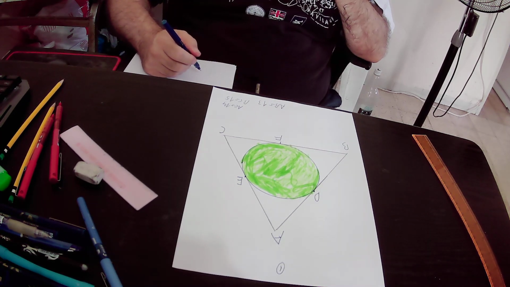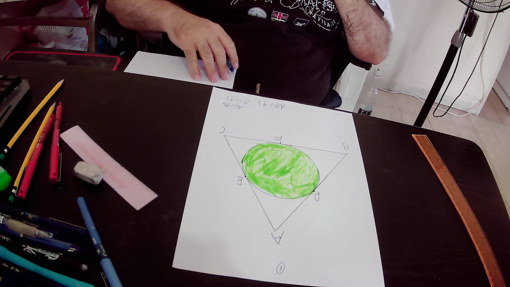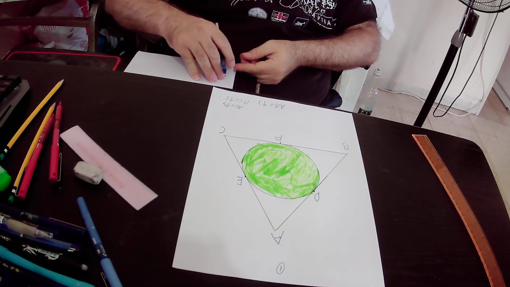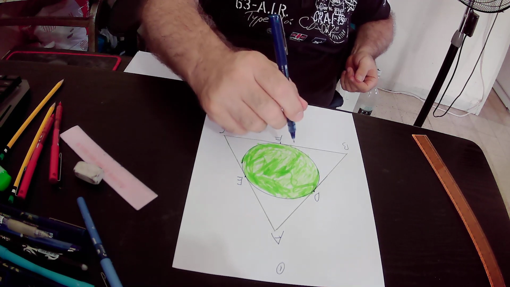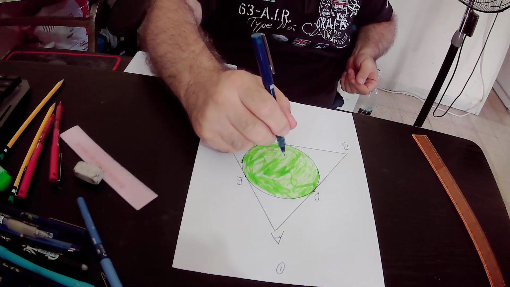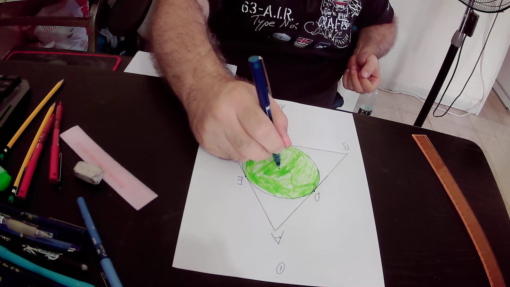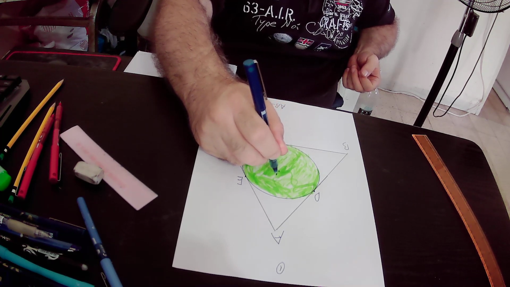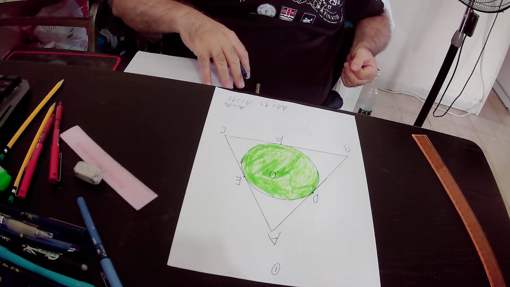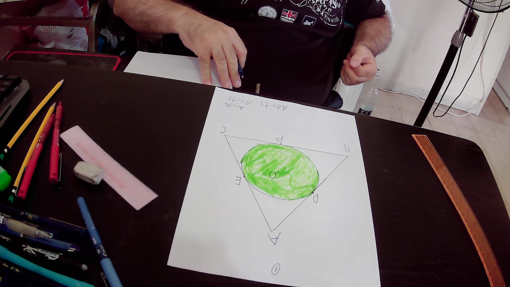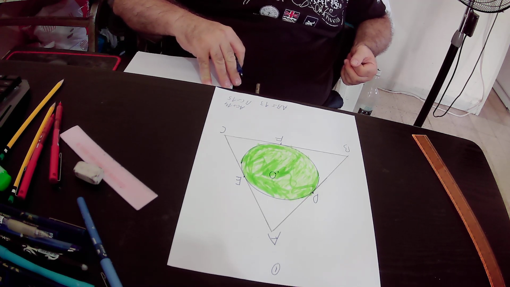Okay, we will define the center of the green circle as point O, and in the next step I will explain what the semi-perimeter of a triangle is.